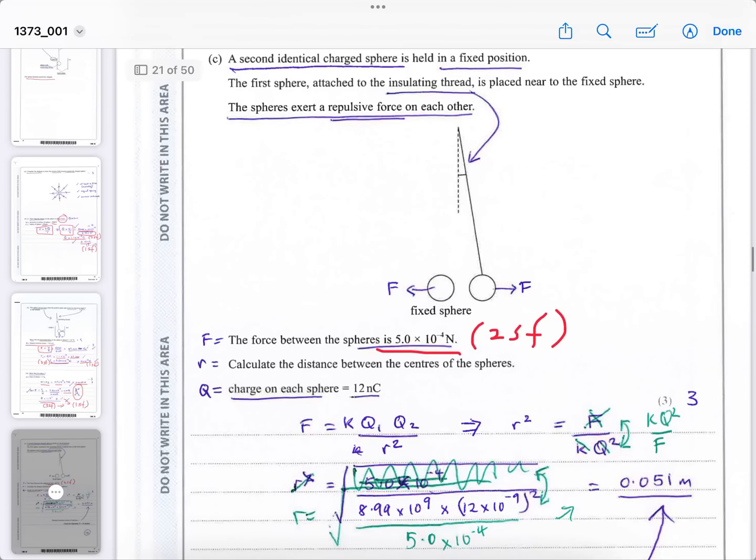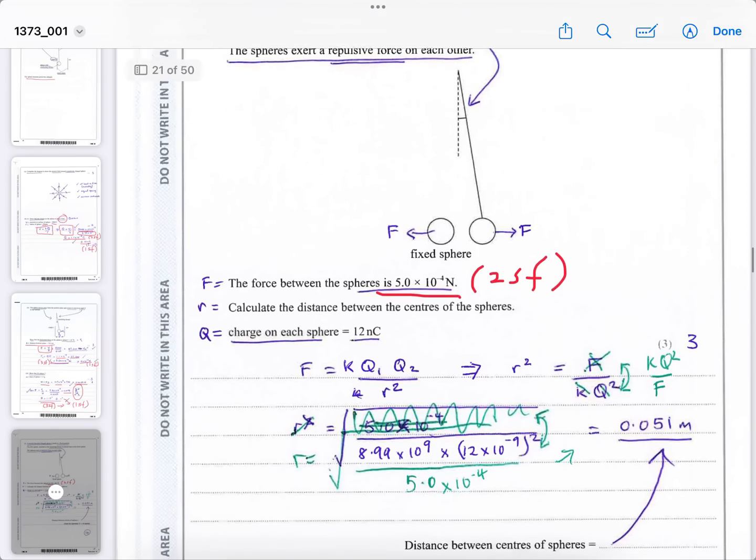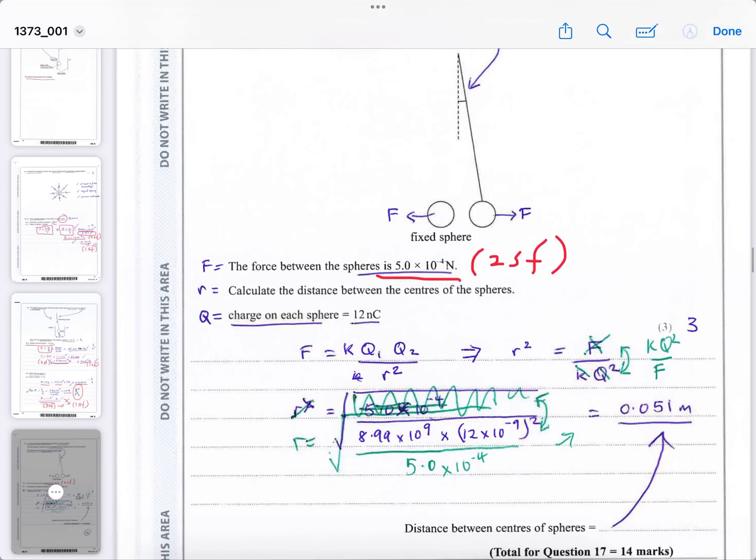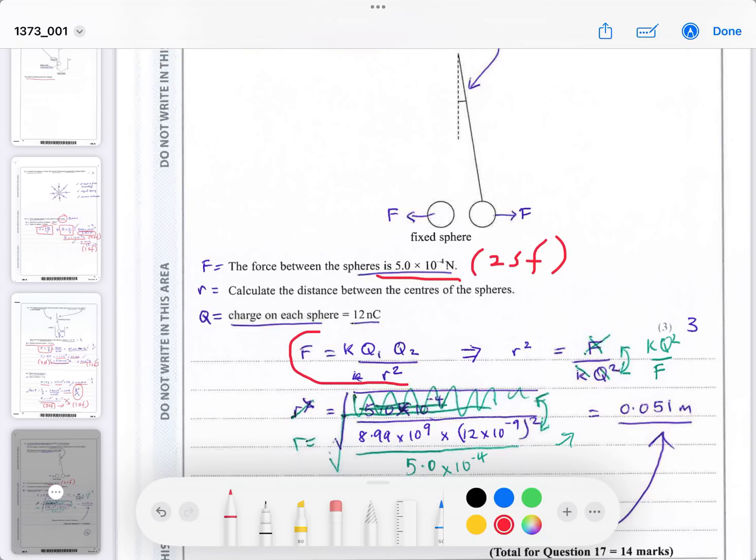Okay, Coulomb's law is F equals Q1 Q2 over R squared multiplied by the constant of proportionality, which was the same one we used earlier. Yeah, so this is what's happening. This is the force we're using. So this is Coulomb's law. K is given to us as 8.99.